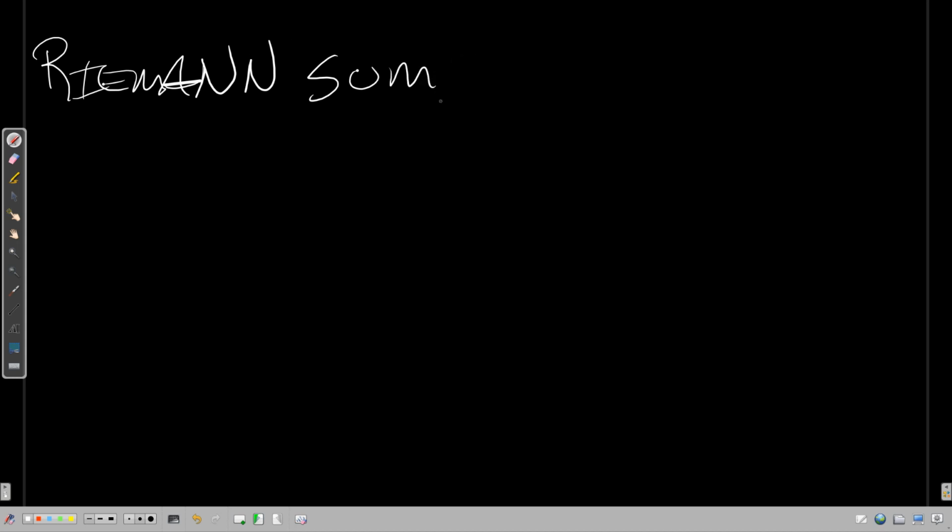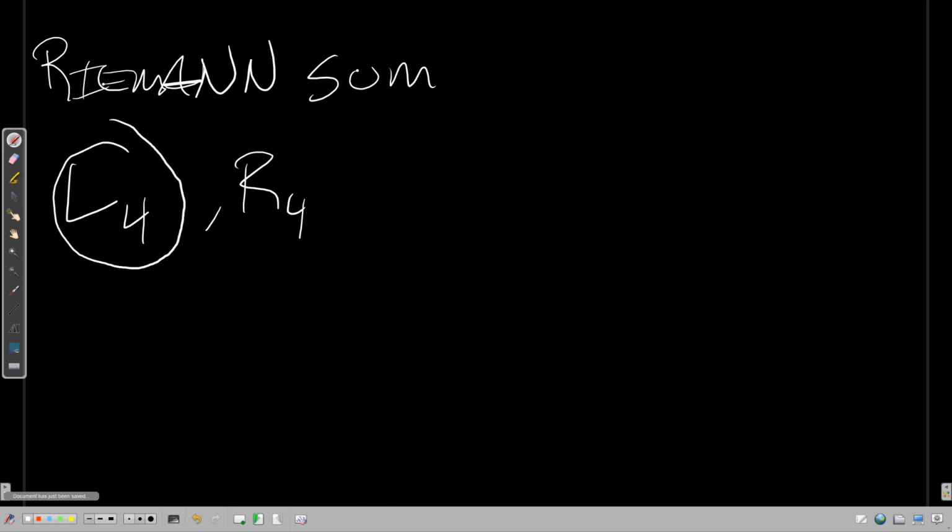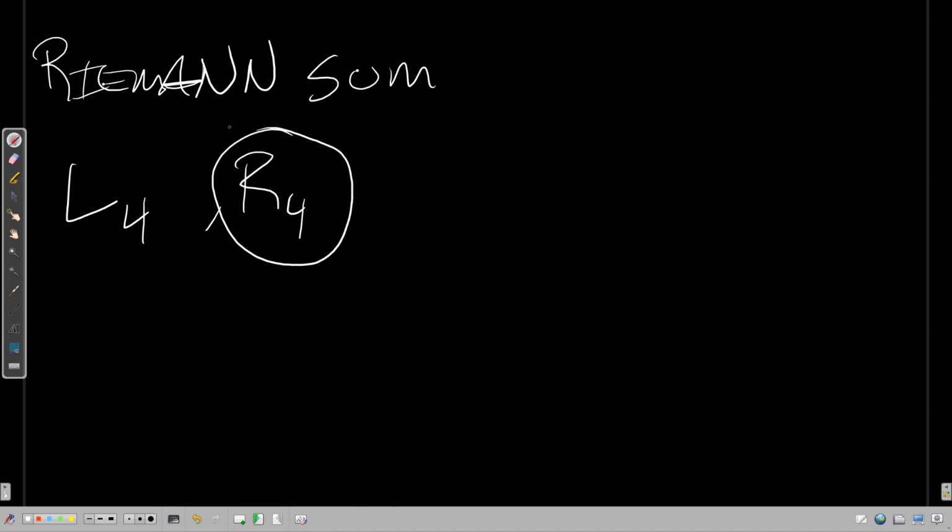You're going to see probably some Riemann sums. Remember that the notation for a Riemann sum looks like maybe L4 or R4, where this does mean make a left Riemann sum of 4 rectangles, or a right Riemann sum of 4 rectangles.